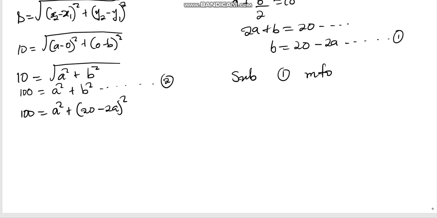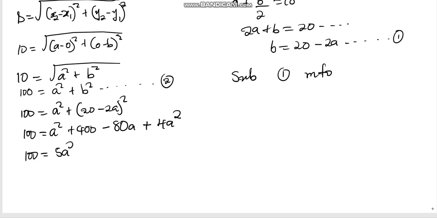So here we have 100 equal to a squared plus 400 minus, so this will be 400, then that will be 40 times 2, that's going to be 80a, plus 4a squared, like this here. So now we have 100 this side equal to 5a squared minus 80a plus 400, like this here.